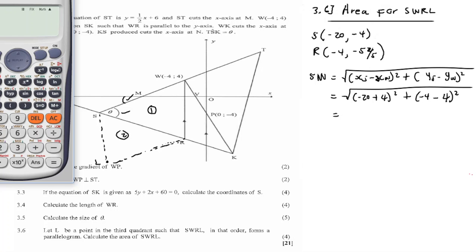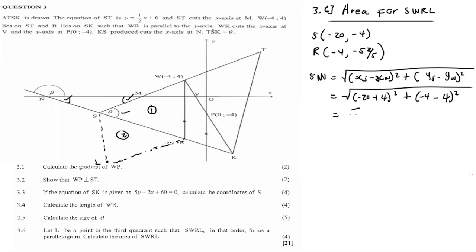Okay, -20 plus 4 squared plus -4 minus 4 squared is equal to, okay, 8√5, and then I'm also going to calculate SR as well.